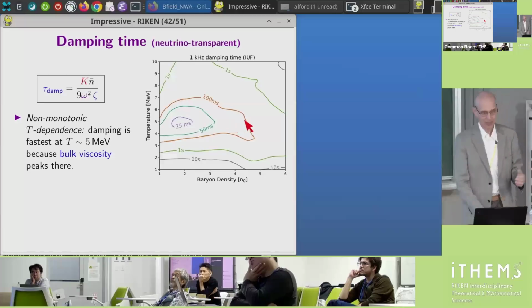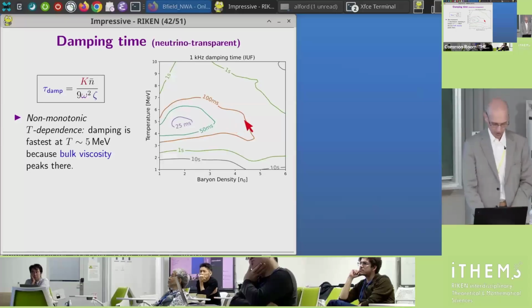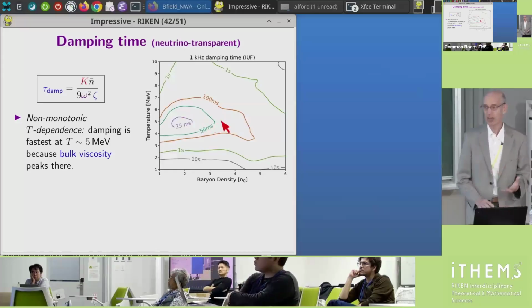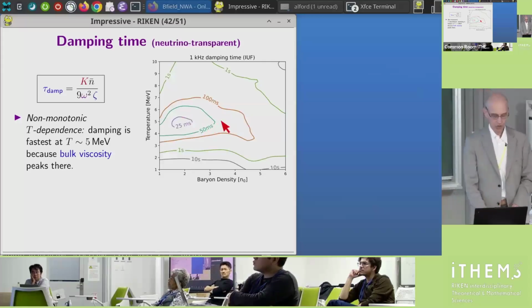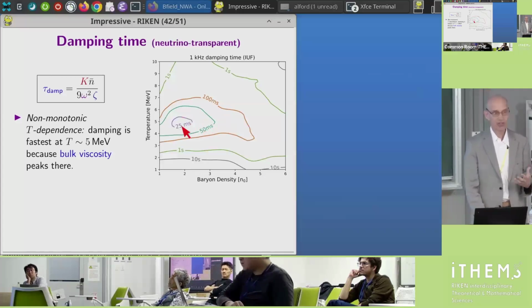That's not a surprise. The question is, what's the time scale? And the answer is, in this case, 25 milliseconds, 50 milliseconds, 100 milliseconds. These are time scales that are relevant to a merger. So we conclude here that we have physics that can't be neglected.